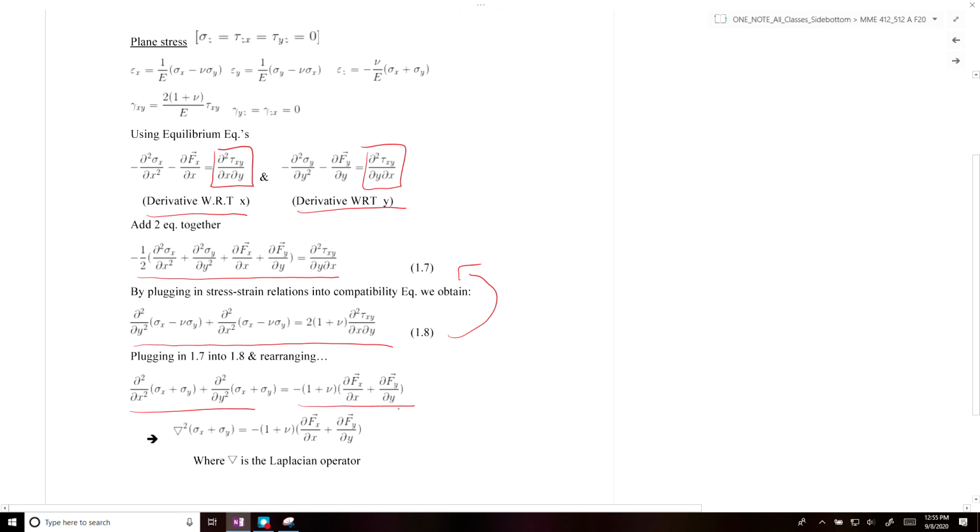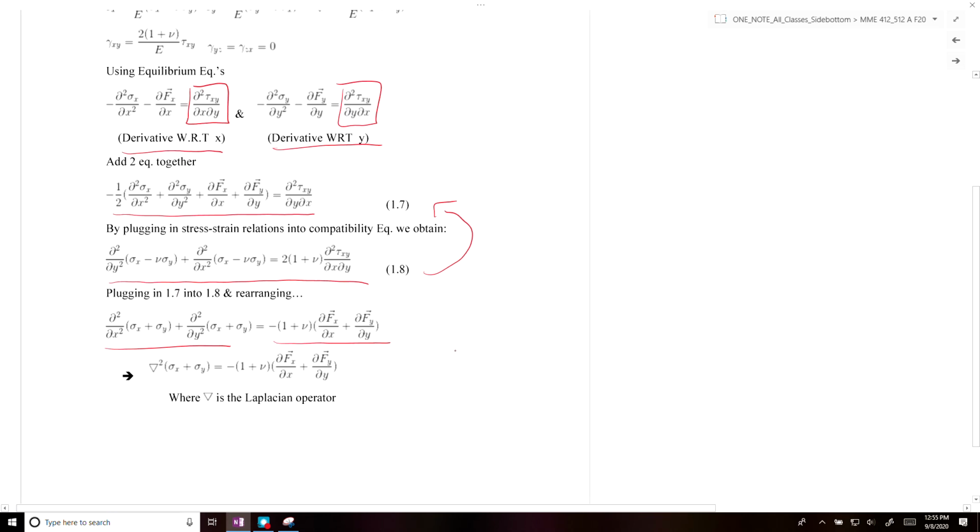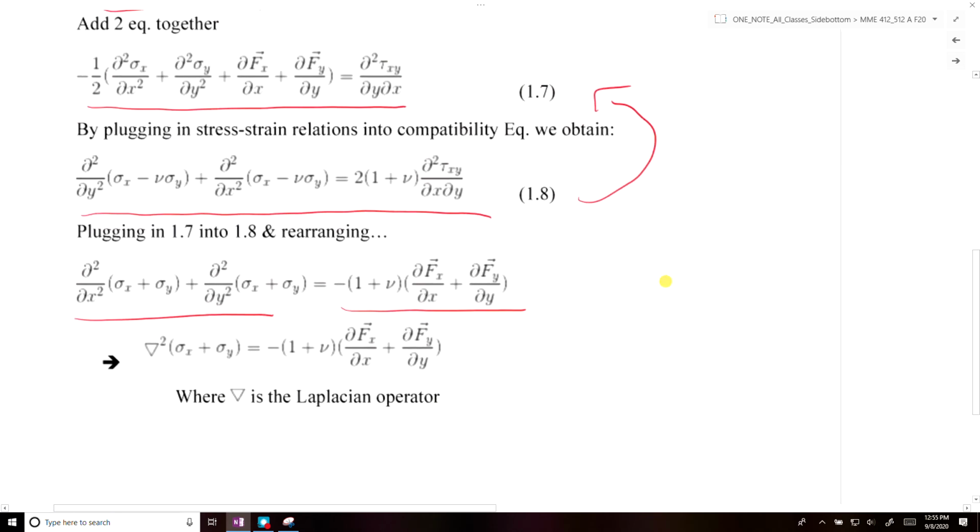All right, and then we can simplify it down a little bit further if we use the Laplacian operator, where the Laplacian is just the second derivative of your variable with respect to x plus the second derivative of your variable with respect to y.